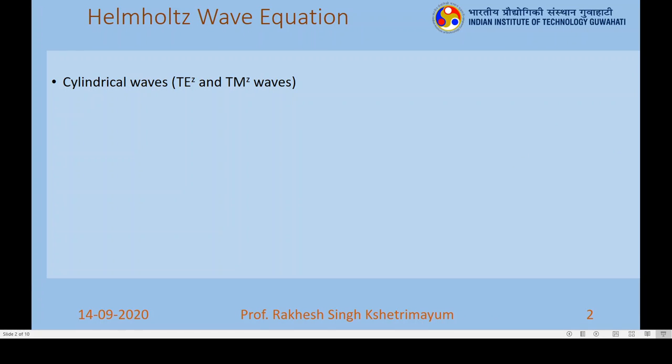So in the last class we discussed the cylindrical waves and we tried to find the fields for TEz and TMz waves. In the wave equation we have considered only Ez and Hz fields, but the electric field has three components in cylindrical coordinates: E rho, E phi and Ez.